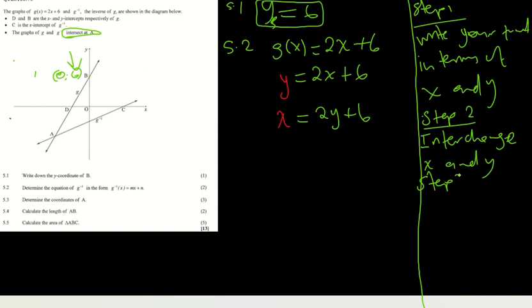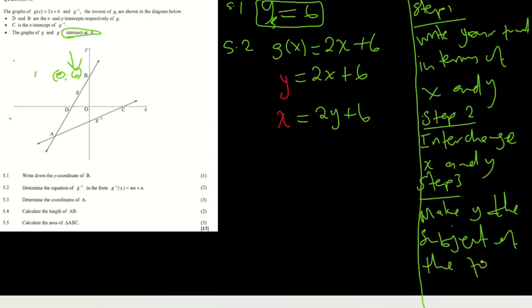So step 3, make y the subject of the formula. This is everything that you need to know. These three steps are the only steps that you need to know about this.